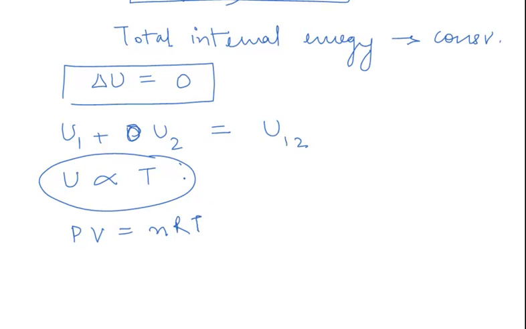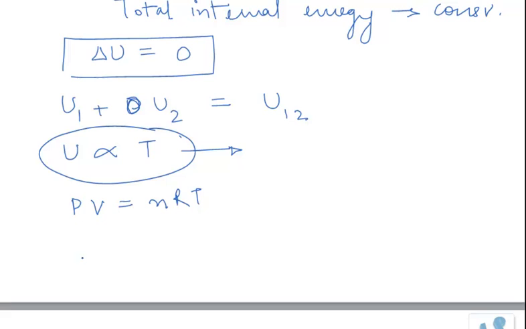So when we say internal energy is not going to change, it basically means that P1 V1 plus P2 V2 indicates two things. One is that the total energy is not going to change. Second, there is no work done on the gas. This is equal to the common pressure P times the volume V1 plus V2.